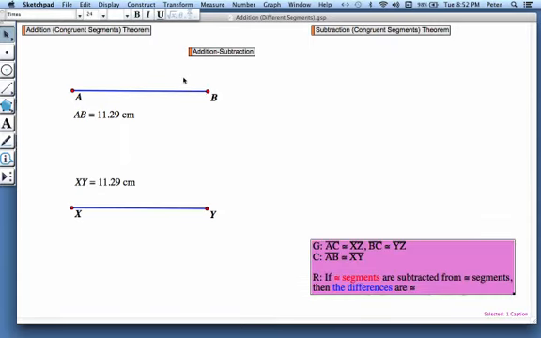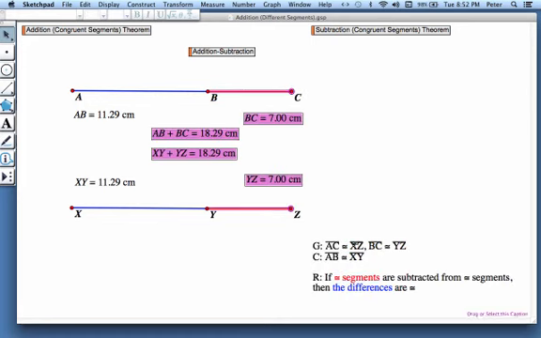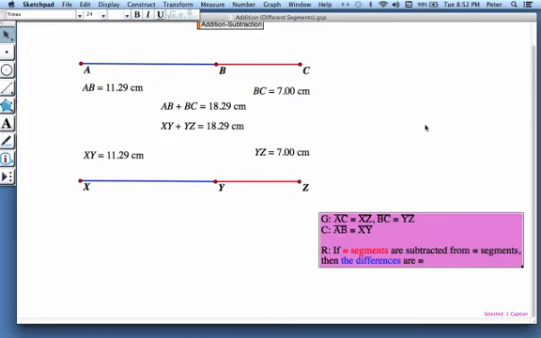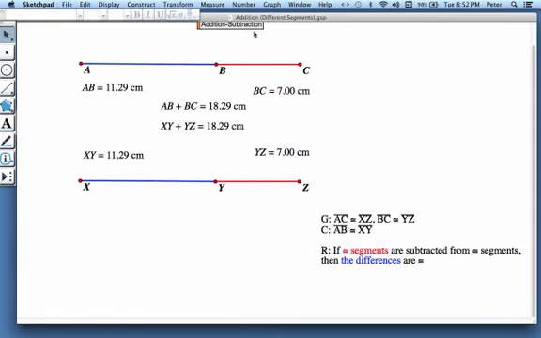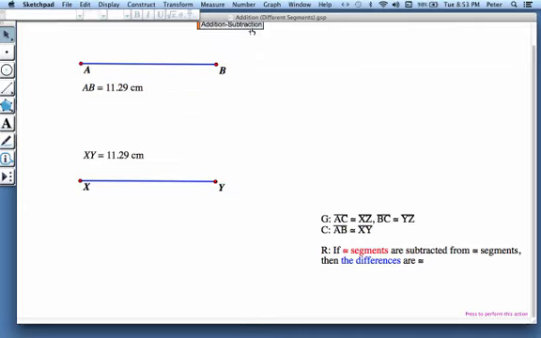And that theorem is called subtraction of congruent segments. So if we were given that AC is congruent to XZ, BC to YZ, we can conclude that the blue segments are congruent. So if congruent segments are subtracted from congruent segments, then the differences are congruent.